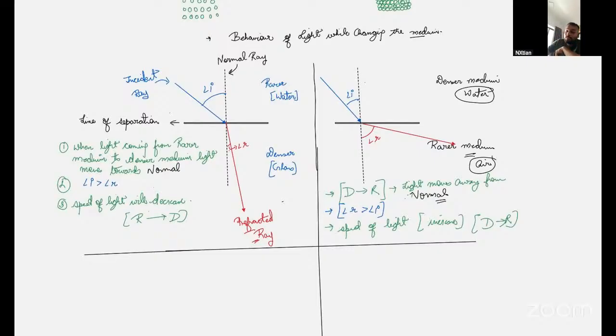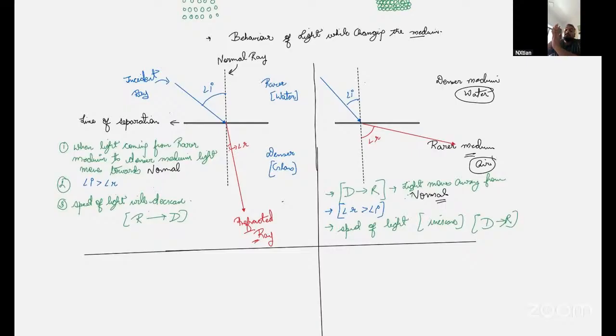Any problem, guys? Quickly ask me. The speed of light will decrease when it comes from rarer to denser, and vice versa. The speed of light will increase when it's coming from denser to rarer. So these are the main things that we need to remember.